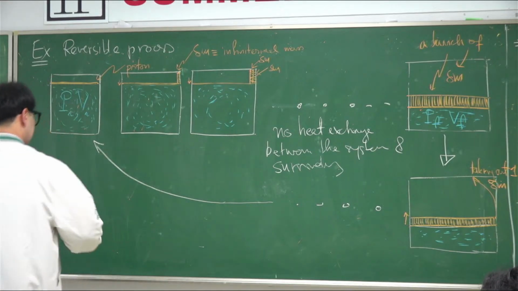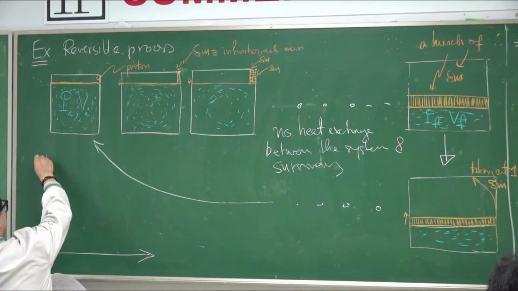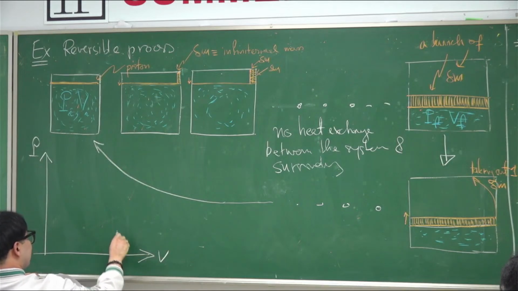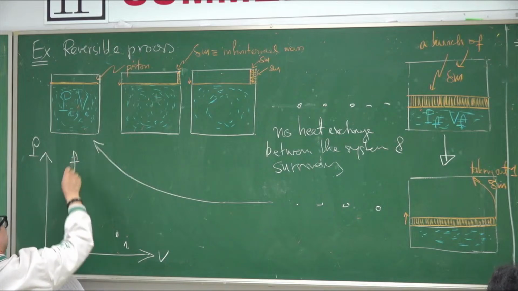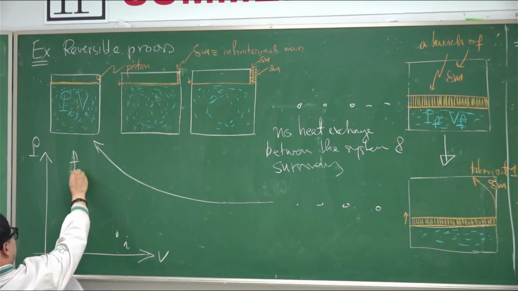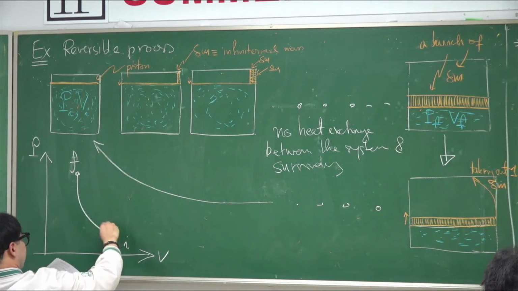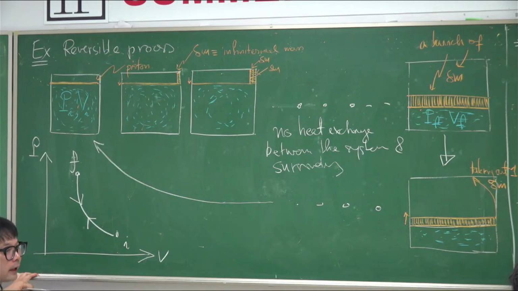So, it means that if you look at the PV diagram, suppose this is the initial point, and this is the final point, right? So you have a curve that can go up and go down exactly the same path here, all right?